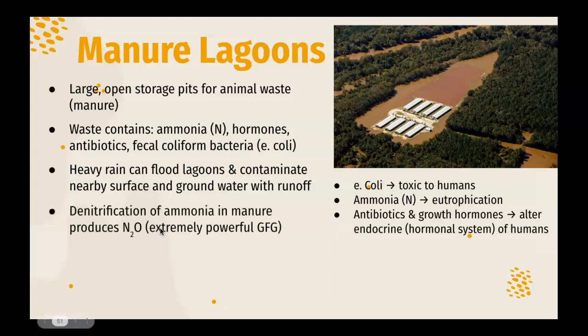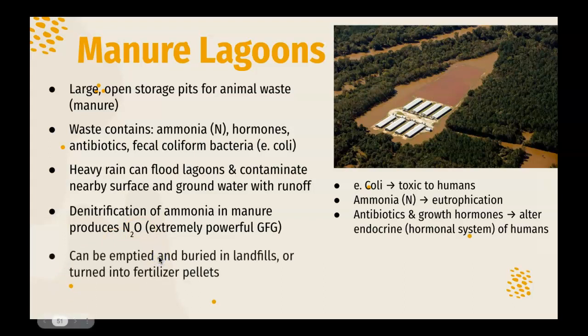And then the other thing is that, remember, in the nitrogen cycle, we have the process where we have ammonia and ammonium, and then those denitrifying bacteria can break that ammonia and ammonium down. When they do that, they're releasing nitrous oxide back to the atmosphere, and nitrous oxide is a very powerful greenhouse gas.